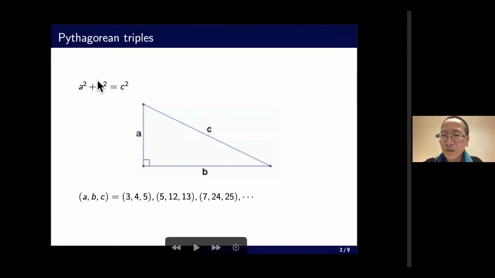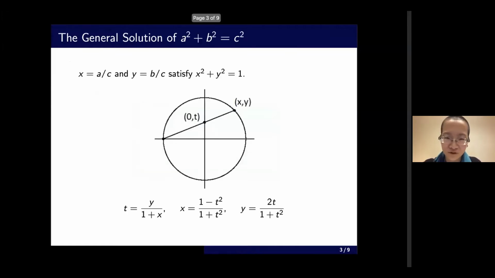In fact, this particular equation that we're looking at has infinitely many solutions in the integers. And I'm going to tell you how we find all of those solutions. Since we want to find solutions in integers, we can perform the following change of variables. Let x be a over c, and let y be b over c.